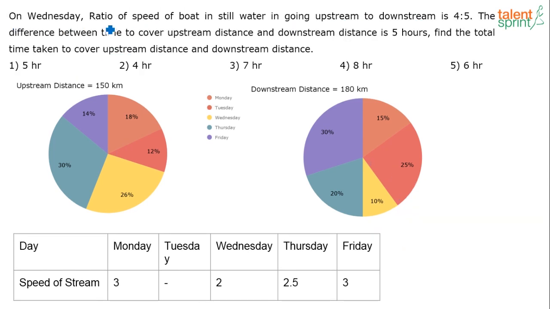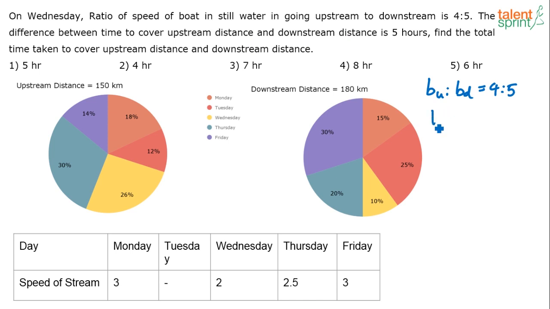On Wednesday, the ratio of speed of boat in still water going upstream to downstream is 4:5. So boat upstream versus boat downstream, the ratio is given as 4:5. You need to understand that BU is to BD equals 4:5. Next, the difference between the time to cover upstream distance and downstream distance is 5 hours.